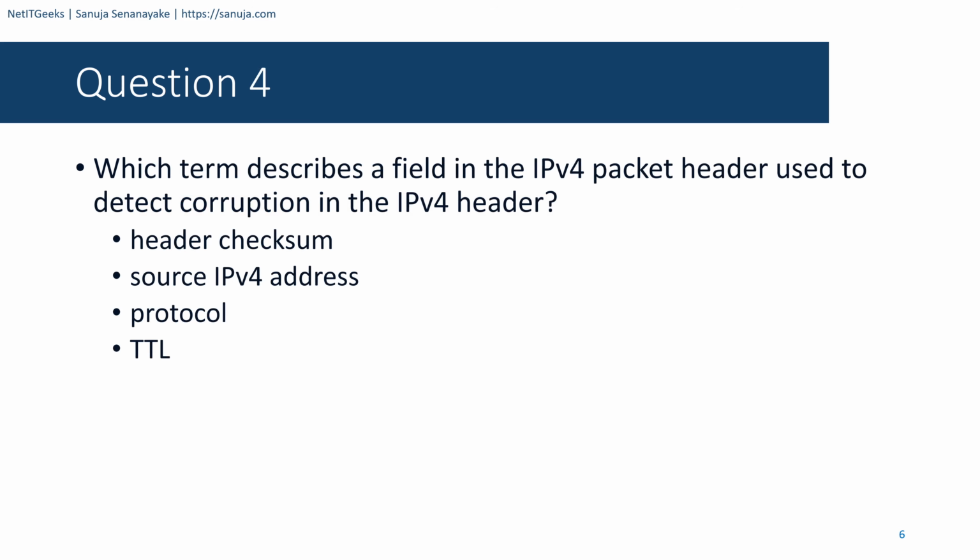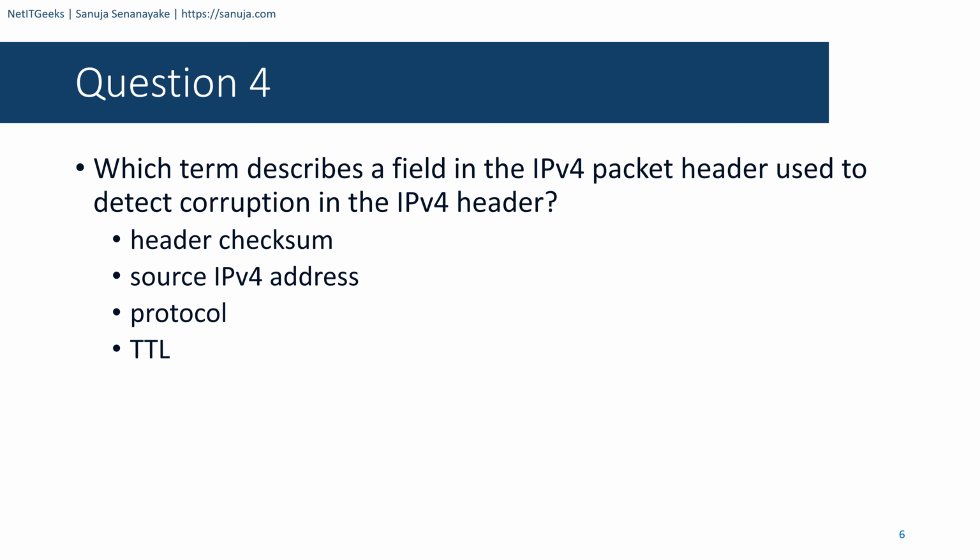Question number 4. Which term describes a field in the IPv4 packet header used to detect corruption in the IPv4 header? So what term do we use to describe a field in the IPv4 packet that will detect corruption in the IPv4 packet itself?